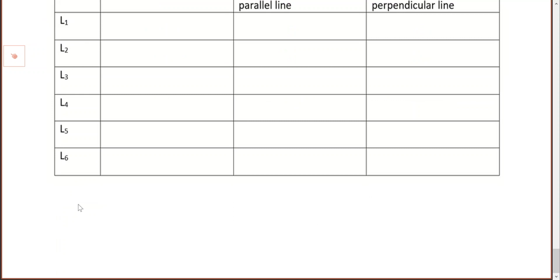Right, this is the important one. Parallel lines have the same gradient. Right? Simple as that.